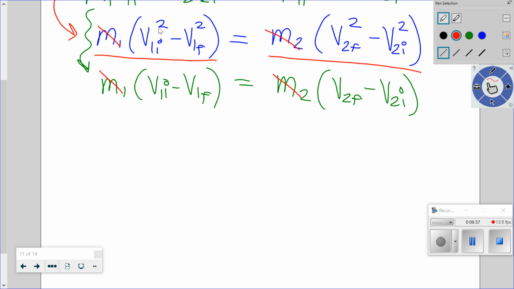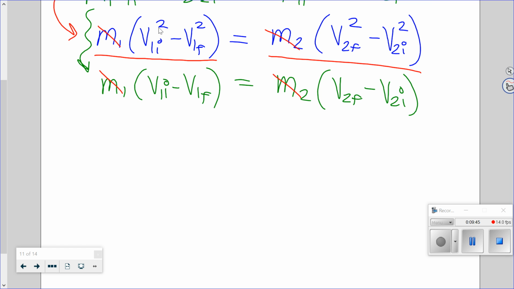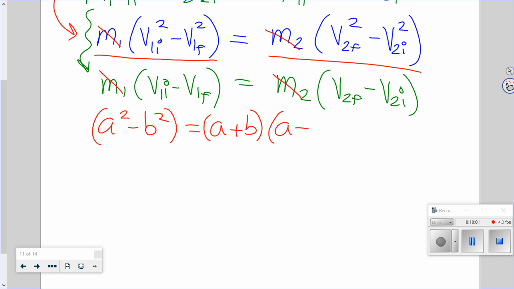They factor out to the initial minus V1 final. Yeah, if you really paid attention in Algebra 1 class, those top guys are the difference of squares. Remember that? So on the top, I don't just have v1 initial squared minus v1 final squared.